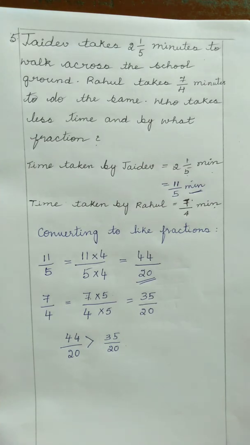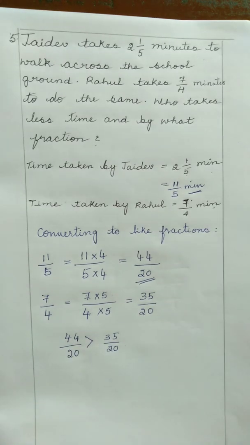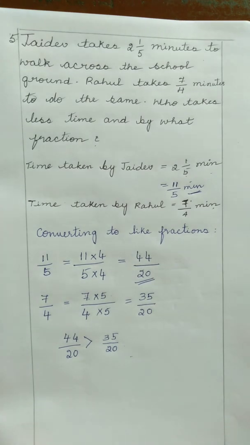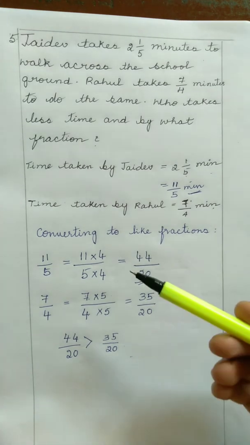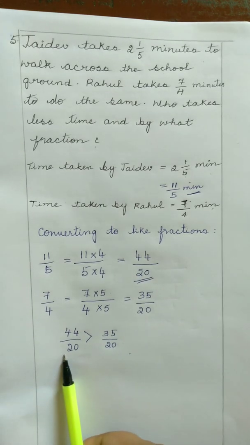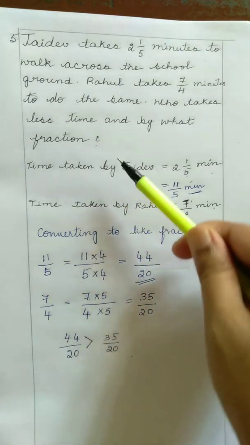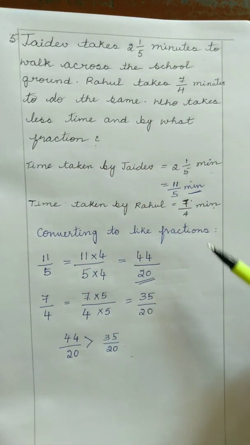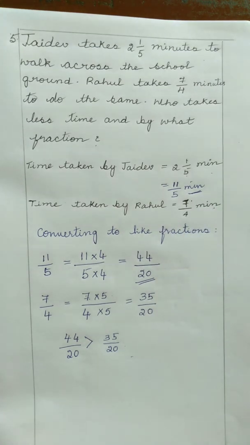But in the problem, we need to find out who takes less time. From this it is clear that 35 by 20 is lesser time duration. Therefore, when compared the values, we will come to a conclusion that 44 by 20 is the time taken by Jaidev and 35 by 20 is the time taken by Rahul.